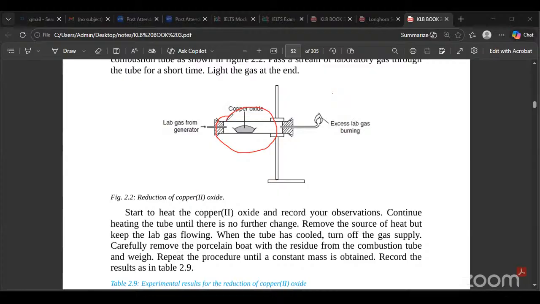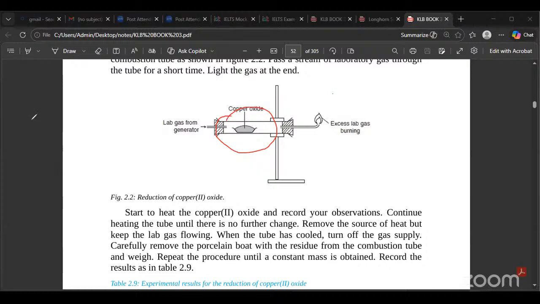Observation is before and after. What did you see before? What did you see after? For example, copper is normally brown. After, the solid that is formed is black. So that one is observation.